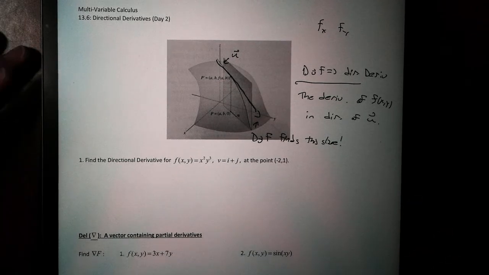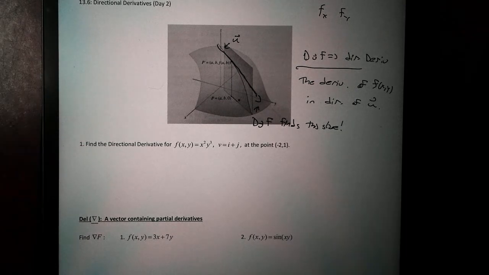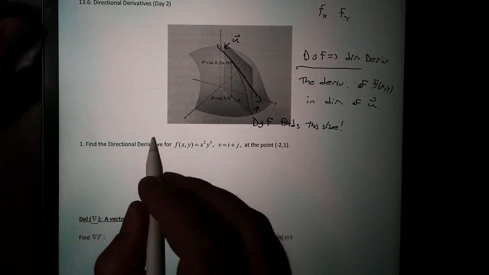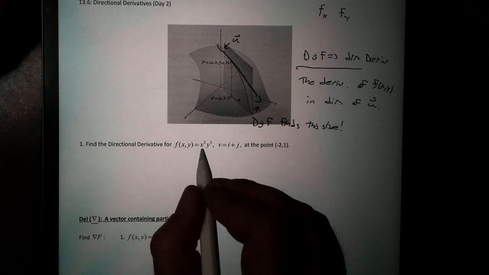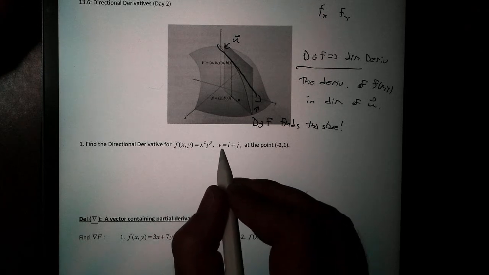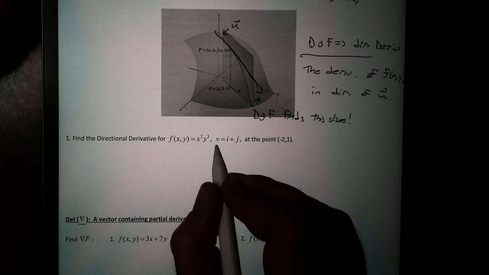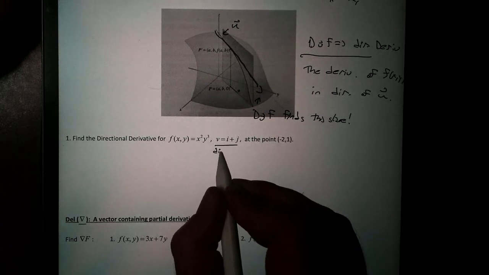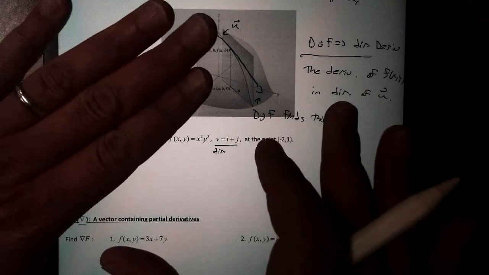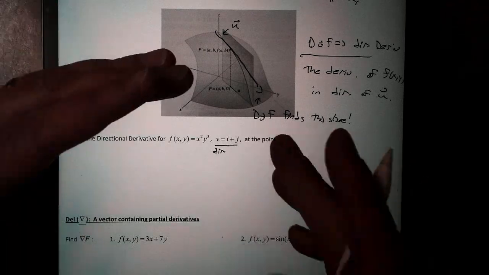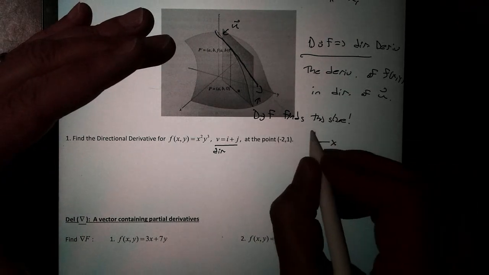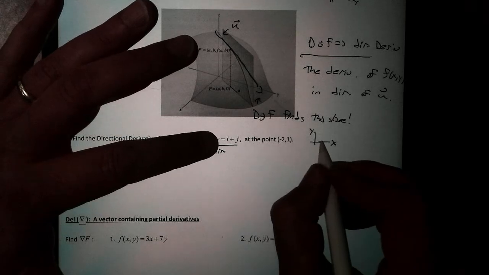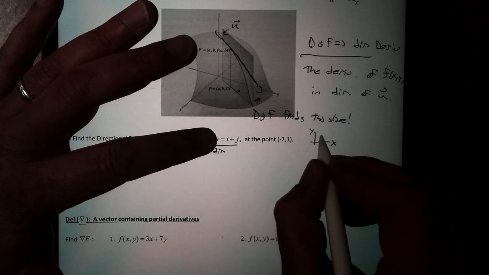So let's take a look at an example real quick, just to review. We want to find the directional derivative for this function, x squared y cubed, and our direction is right here. So we're on the surface, we're facing in this direction. Basically this is saying if there's x and y, in the x direction we go right one, and then we go up one.